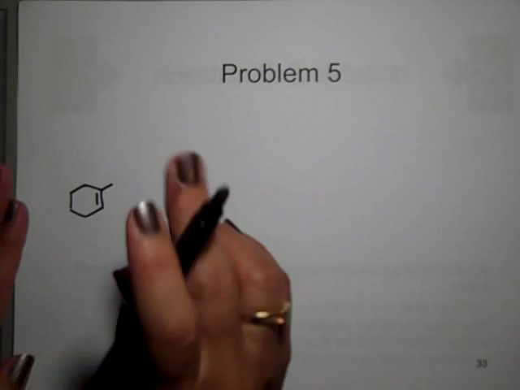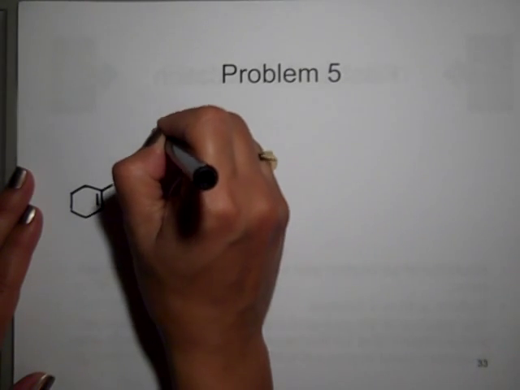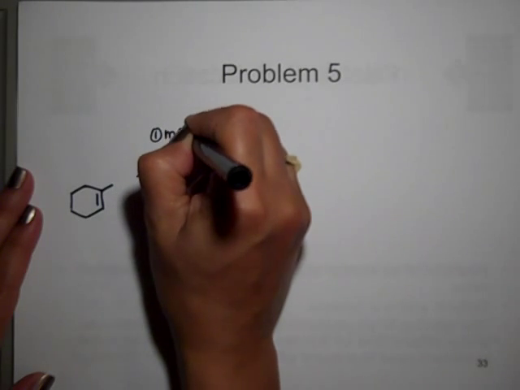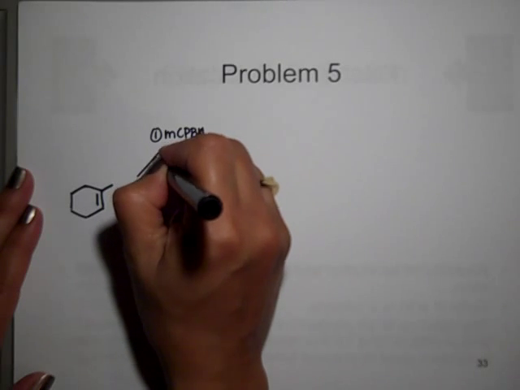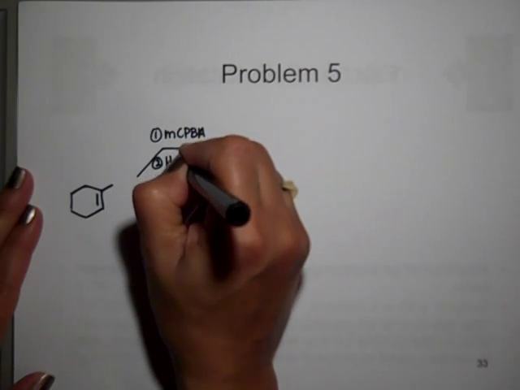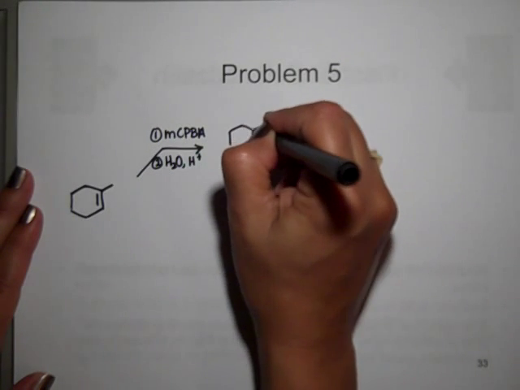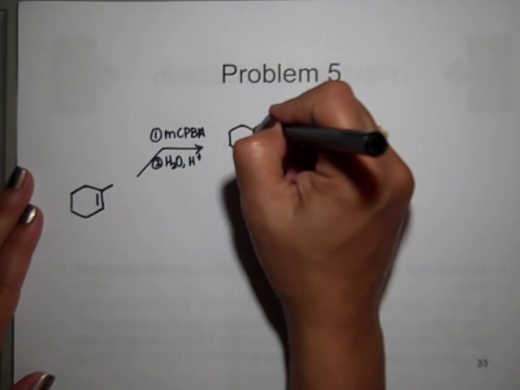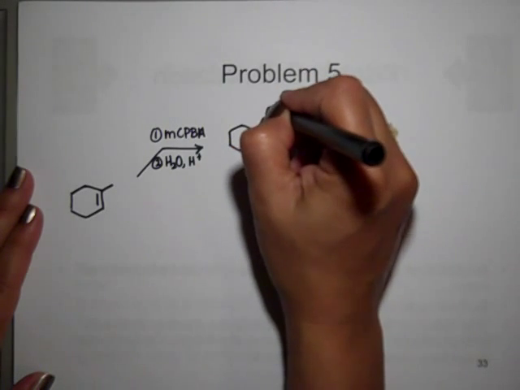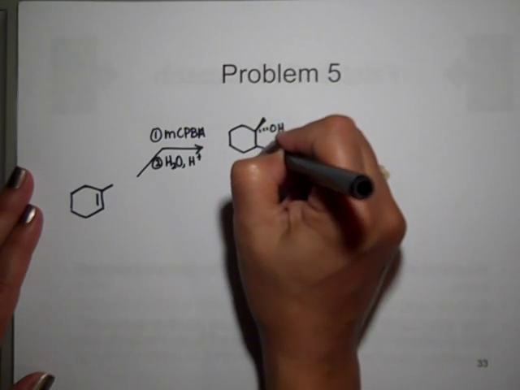I could start with an alkyl halide and then make the double bond, but I want you to remember that if you make an epoxide first, and then you open it with water, what type of diol would we get? We get the syn or the anti diol? I'm going to let you think it up. You get the trans diol.